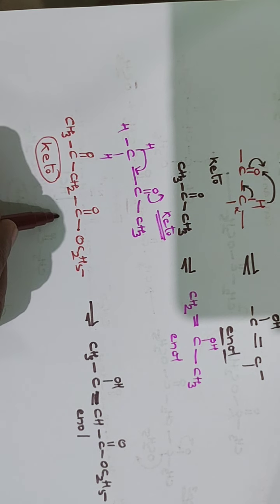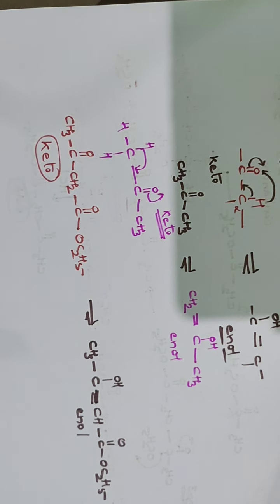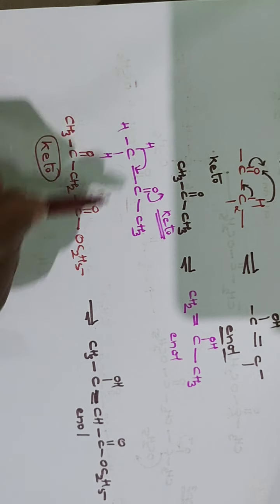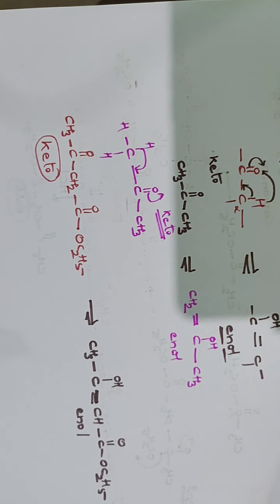So in ethyl acetoacetate, the keto form will be around 90%. That means the keto form is generally more stable. Ethyl acetoacetate exhibits keto-enol tautomerism. This is the keto form, and this is the enol form.